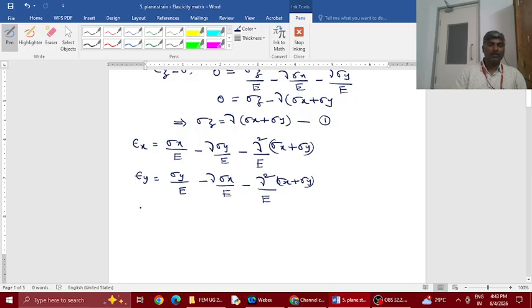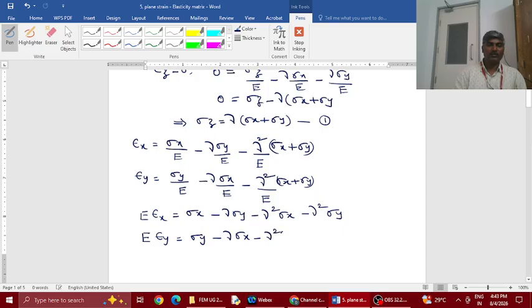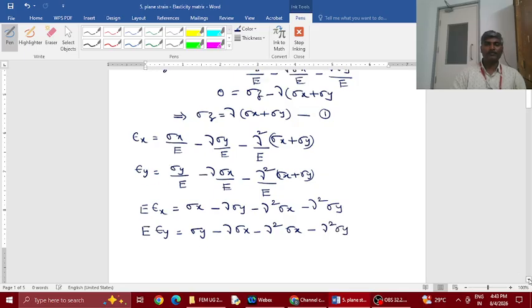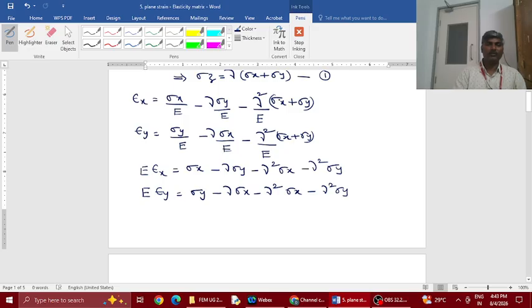I'll take E common and send it to the left hand side. So it will be E epsilon x is equal to sigma x minus nu sigma y minus nu square sigma x minus nu square sigma y. Same thing with the second equation: E epsilon y equals sigma y minus nu sigma x minus nu square sigma x minus nu square sigma y. Just expanding this.